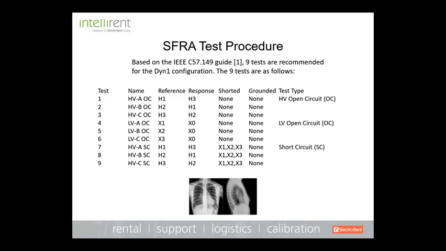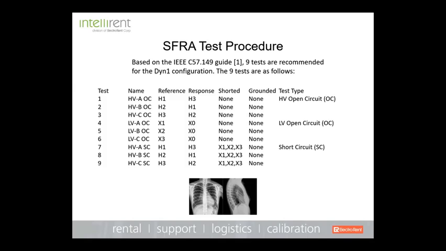And you can see there's a number of tests: high voltage open circuit, low voltage open circuit, and then short circuit tests. And this chart right here, and this got expanded upon and refined in the new revision of C57.149.